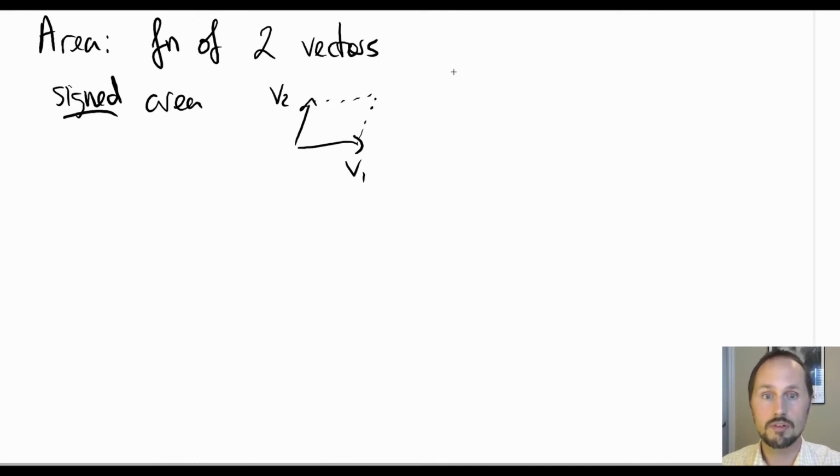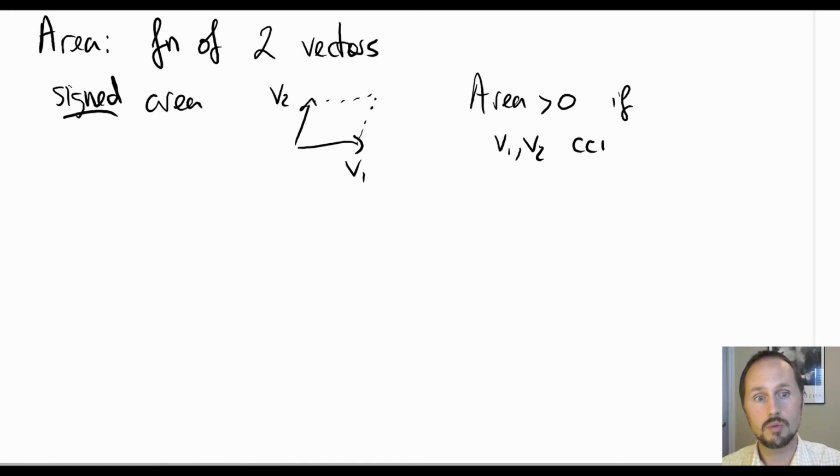We're going to say that it's positive if v1 and v2 are in a counterclockwise order, and we'll say it's less than 0 if v1 and v2 are clockwise.